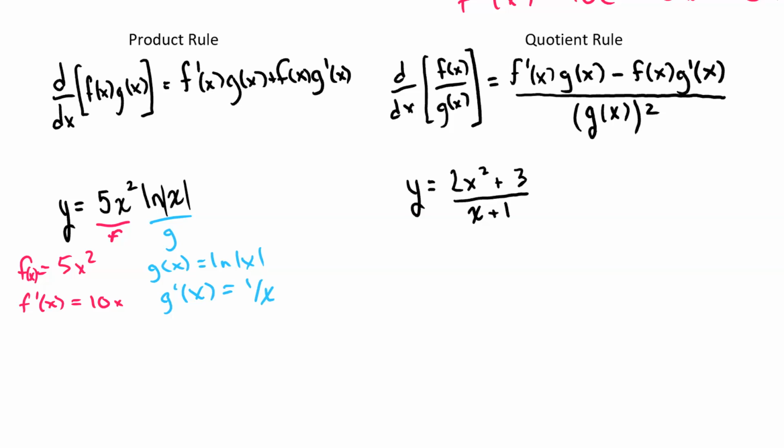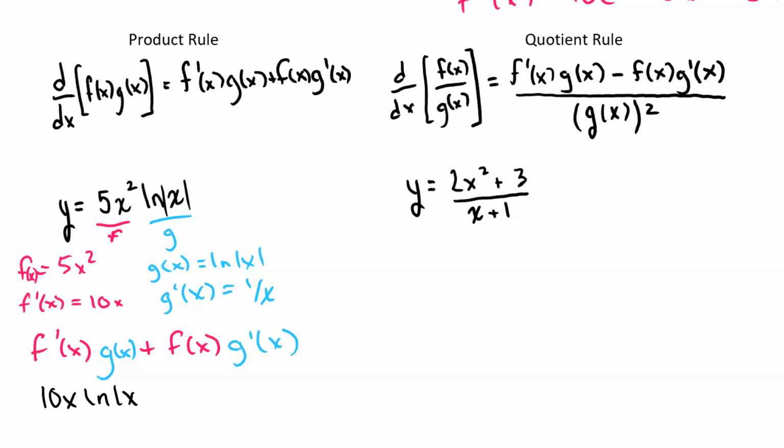So then we can substitute into our rule, which remember is right above us, f prime of x times g of x plus f of x times g prime of x. So since I have those written above, I'm going to switch back to just one color because I'm sick of switching between the two.